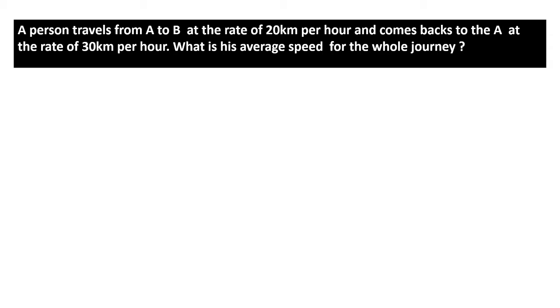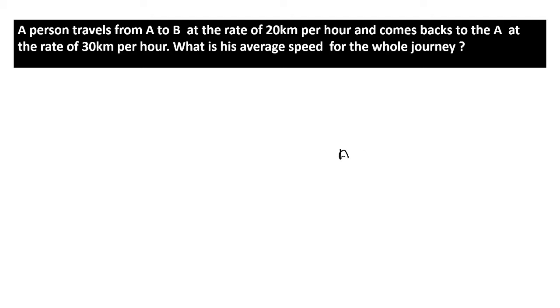A person travels from A to B at the rate of 20 km per hour and comes back to A at the rate of 30 km per hour. What is his average speed for the whole journey?